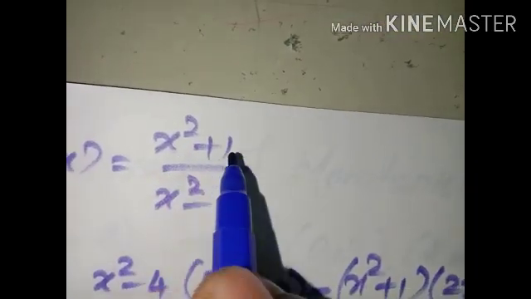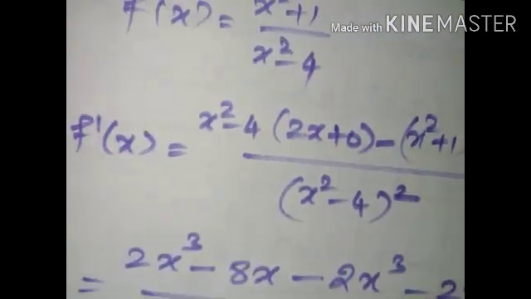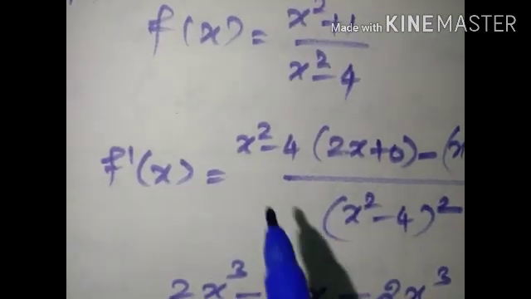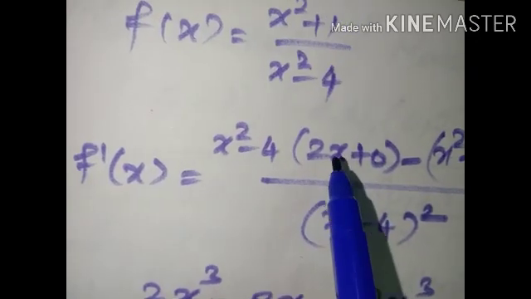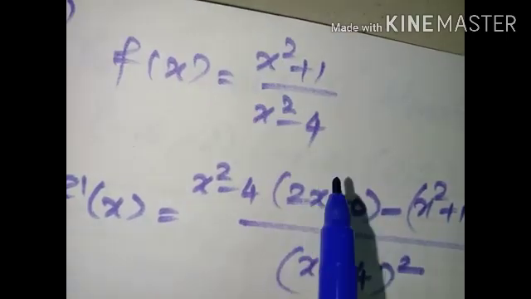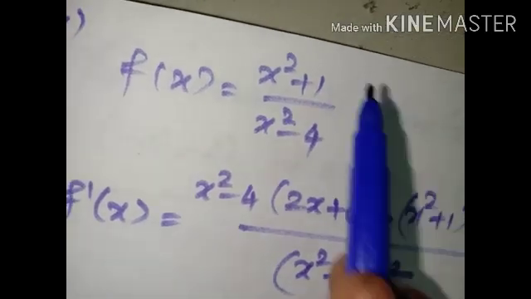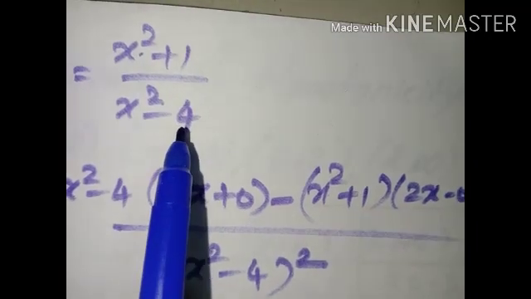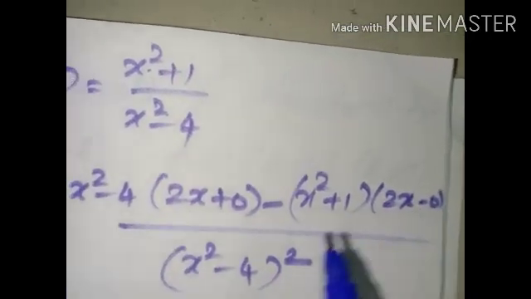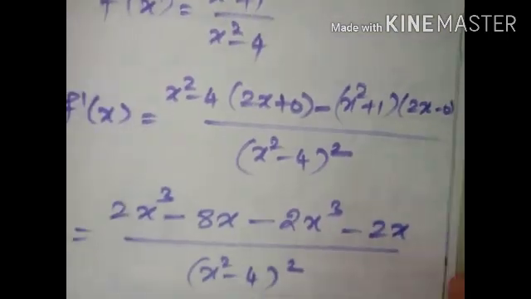Using the formula, u is equal to x square plus 1 and v is equal to x square minus 4. Substituting: x square minus 4 into the derivative of u, which is 2x, minus x square plus 1 into the derivative of v, which is 2x, divided by x square minus 4 whole square.